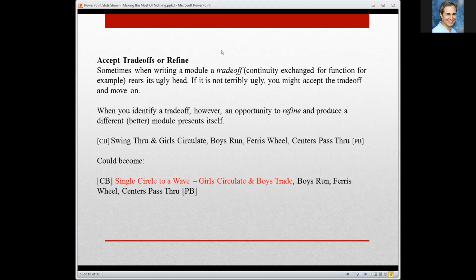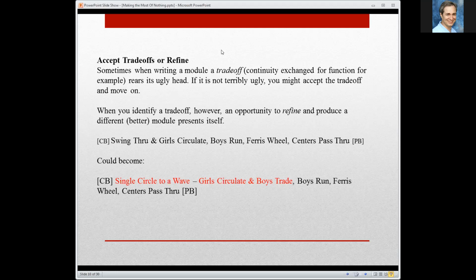And sometimes when you're writing a module, you introduce a trade-off, some kind of problem that rears its ugly head. So the module that we were just talking about, with the swing through and the girls circulate, boys run, the boys are maybe waiting there for the girls for a moment or two.